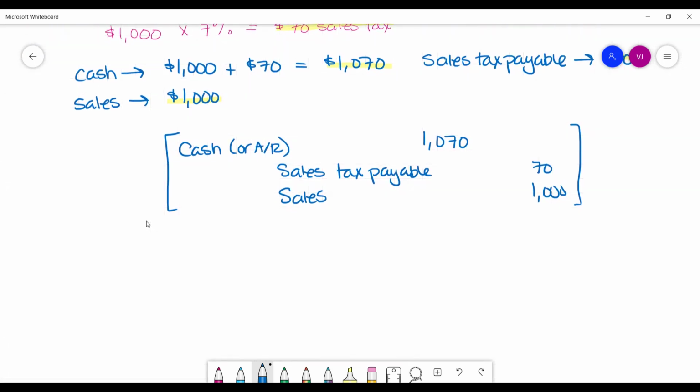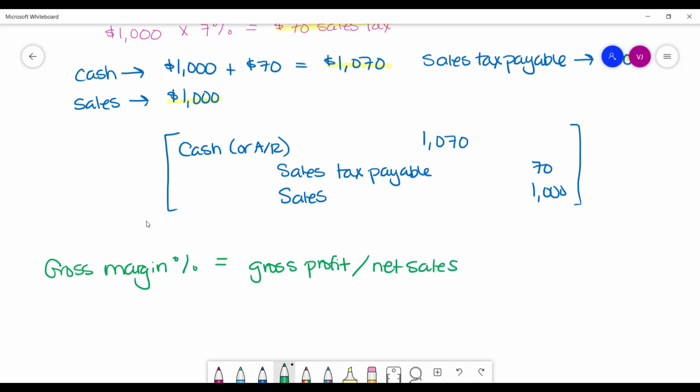And then just one last comment to make. I'll show you guys how to calculate gross margin percentage, or really gross profit margin. You calculate this by taking your gross profit or your gross margin and dividing that by your net sales.